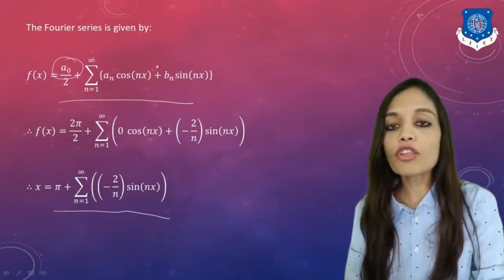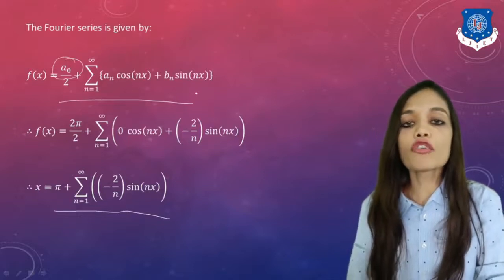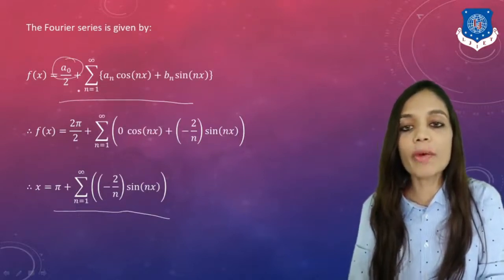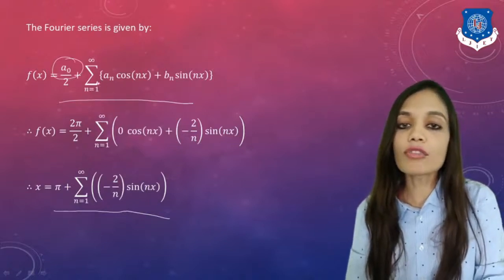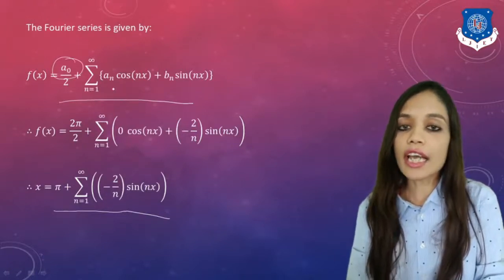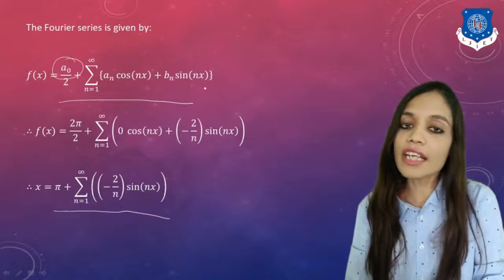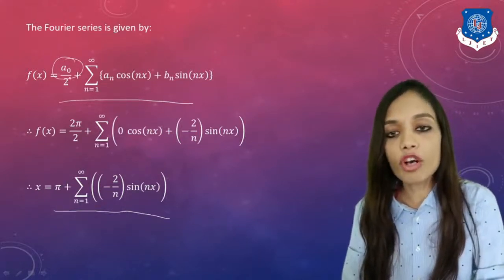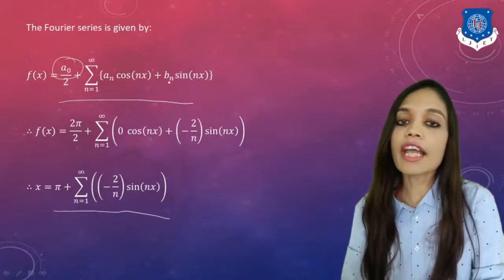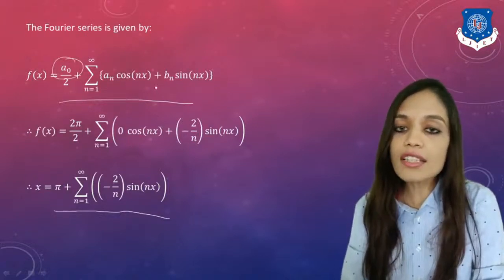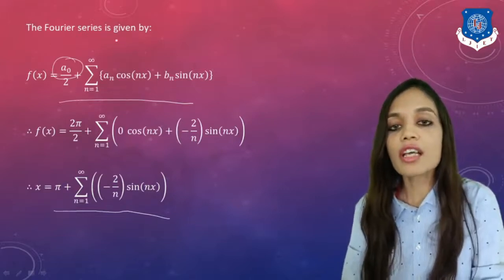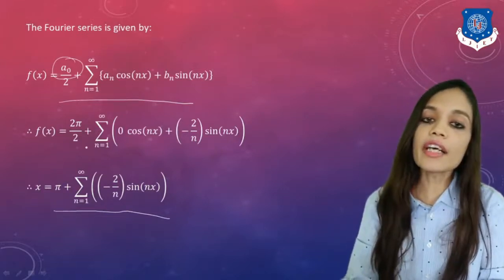Our formula is f of x is equal to a0 by 2 plus sigma n is equal to 1 to infinity an cos nx plus bn sin nx. So in order to solve the sums, you have to find the values of a0, an and bn using their formulas, and then replace those values in our Fourier series, and you will get your desired answer.